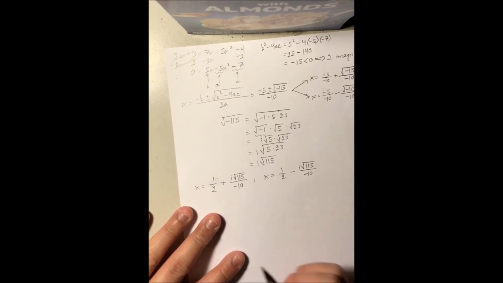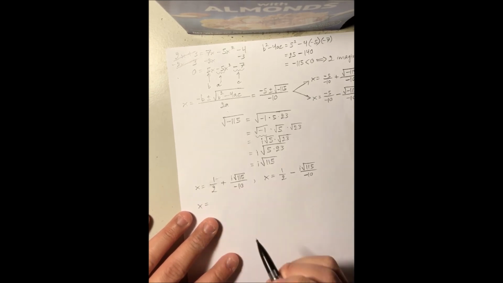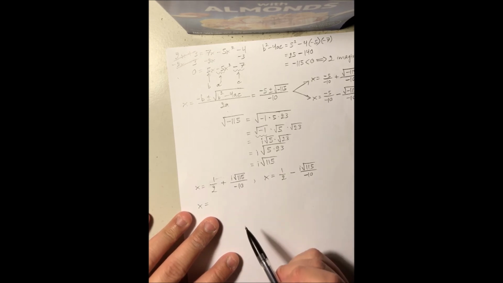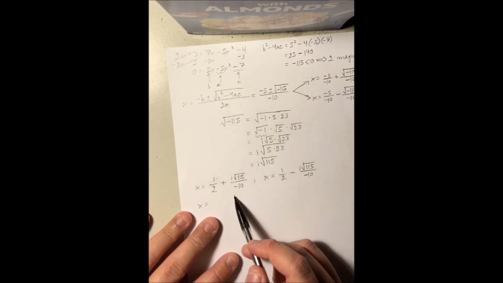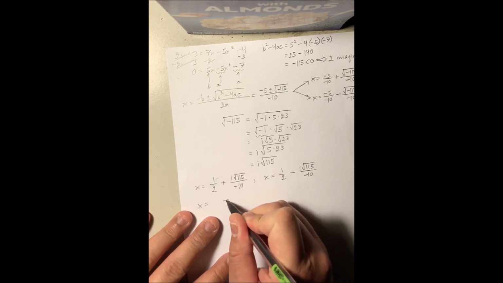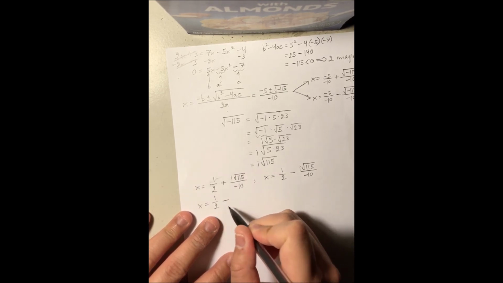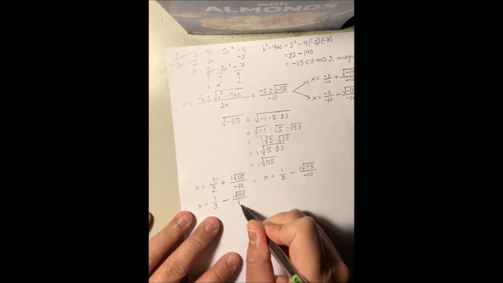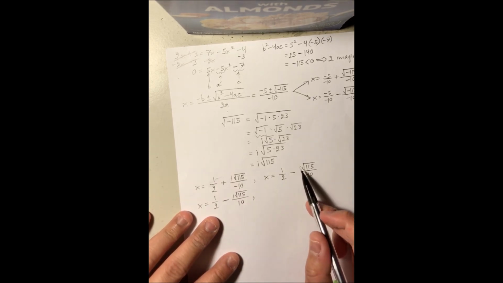Now we're not done yet. We have one extra step that we have to take. Over here, on the left hand side, we have a positive numerator divided by a negative denominator. Positive divided by negative is going to turn into a negative. So you get 1/2 minus i square root of 115 divided by 10. Same thing over here.